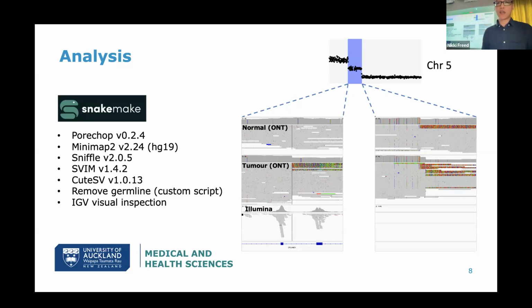As you can see, the normal is clean, and in the tumor we're seeing this structural variant, which we couldn't see back in the day when we were using Illumina, because the junction falls right within the exome. It turns out to be an inversion that we can now call, which has resulted in this drop in the copy number.